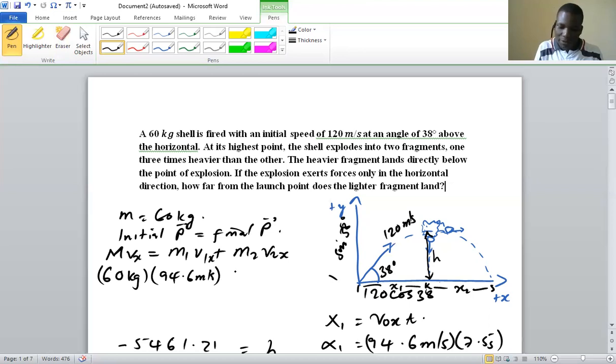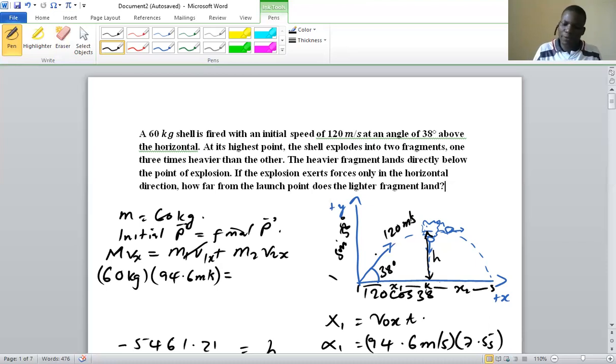Okay. Now after the explosion, the heavier fragment lands directly below the point of explosion. So it doesn't have the velocity in the x. So here we are going to have 0. So now the smaller or lighter fragment, whose mass we've been told that one is 3 times heavier than the other.